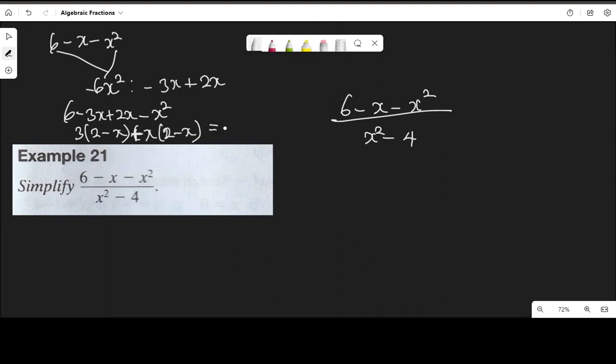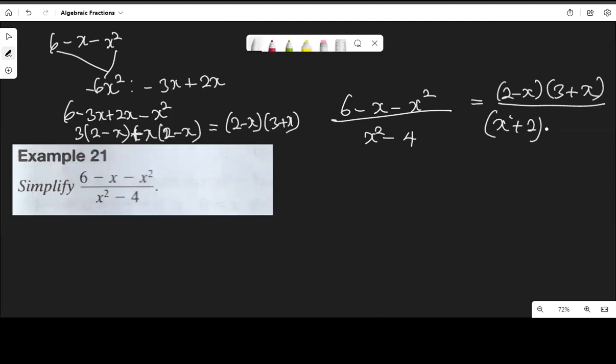So this gives us (2 minus x) as a common factor, then (3 plus x). So this numerator factorizes to (2 minus x)(3 plus x). While the denominator, looking at this, is a perfect square, so we can apply difference of two squares here. So I have (x plus 2) and (x minus 2).